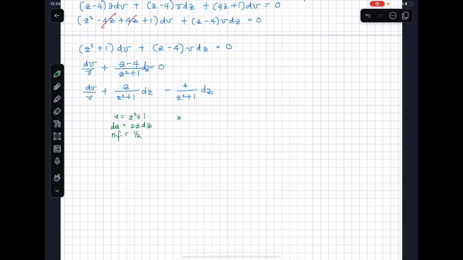So for the second term, this one resembles inverse trigo. So our u squared is z squared. So our u will be z. So therefore our du is dz. Our a squared is 1. So a will be 1 as well.